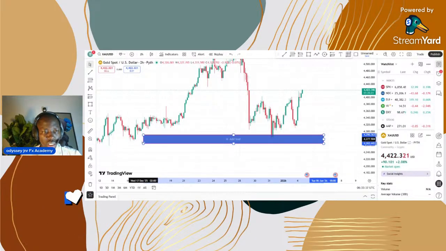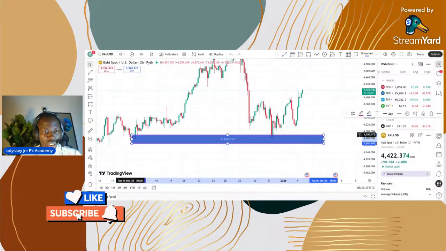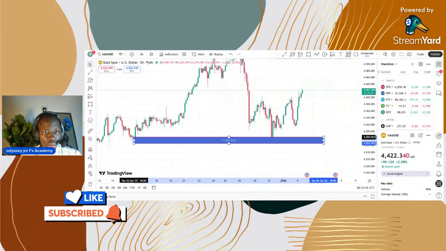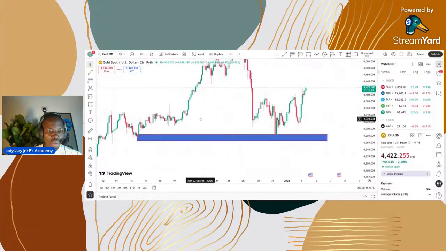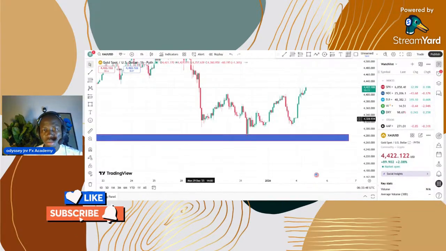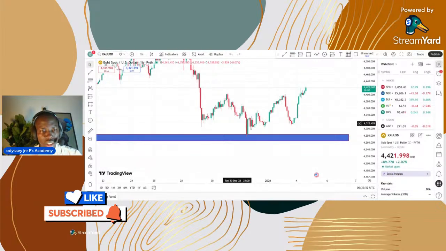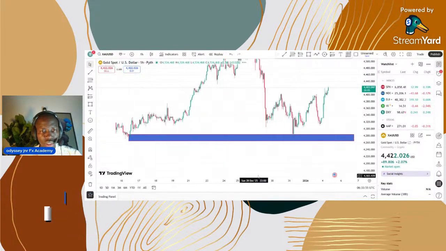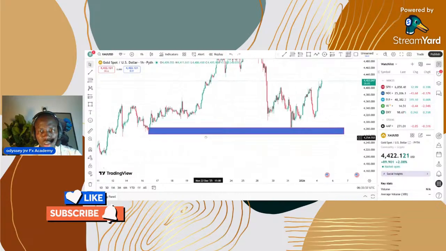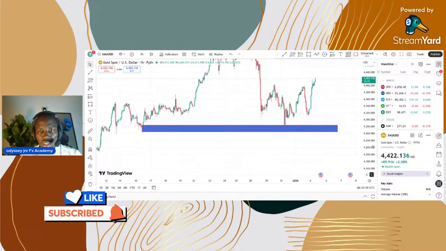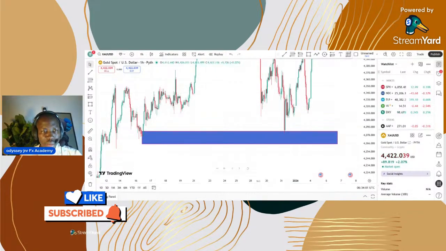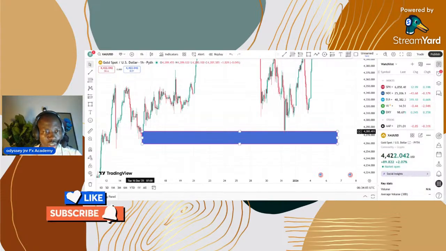In 2 hours, price is still reacting to this order block. So we go to the 1 hour. On the 1 hour time frame, price is still reacting to the order block here.